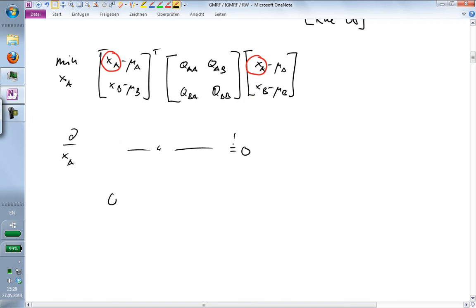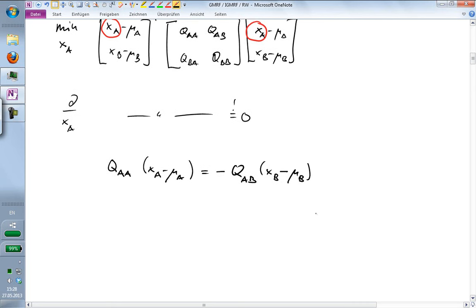And to find the extremum, set this derivative to 0. And you then find the following, that QAA times XA minus mu A is minus QAB times XB minus mu B. And we want to solve this with respect to XA.